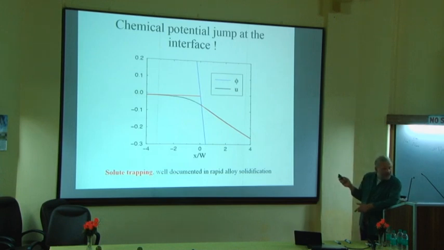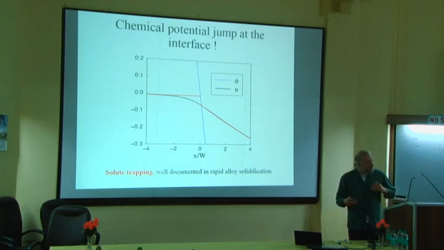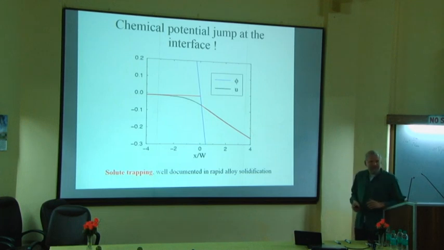Which means that, remember, these intersection points were the boundary conditions that the outer field sees. That is, even though the microscopic field mu is perfectly continuous, on the outer scale it looks as if there is a jump in chemical potential at the interface. Okay, so the chemical potential on the macroscopic scale is discontinuous at the interface.